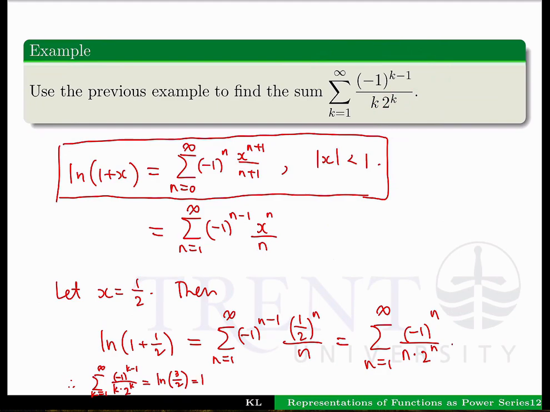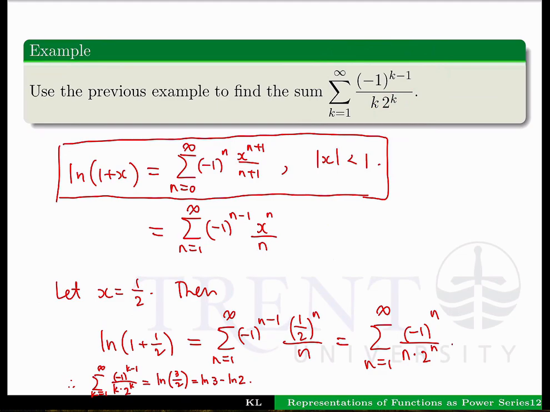Or you can write this as ln of 3 minus ln of 2. So that's this particular sum. Notice, without the power series representation of a function, you won't be able to find the actual value.